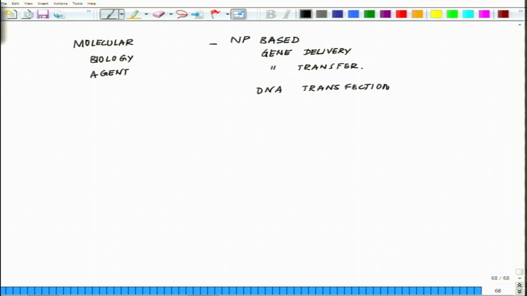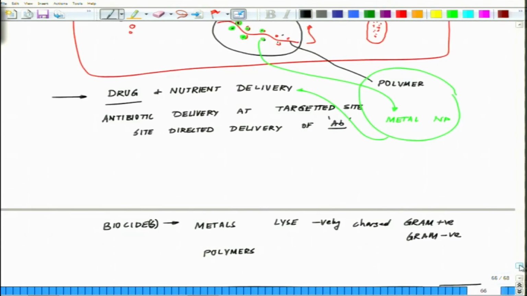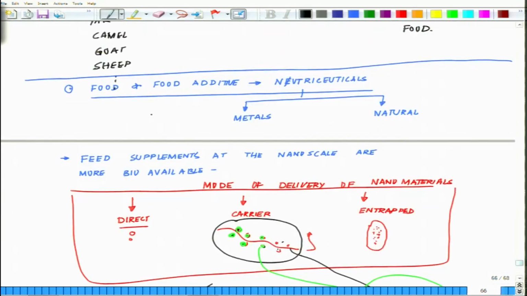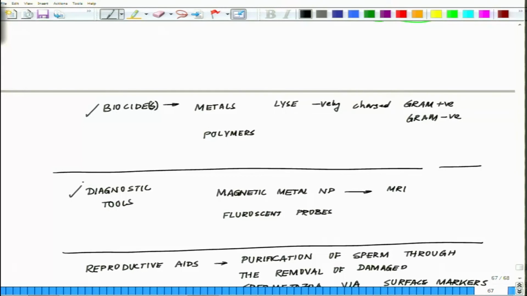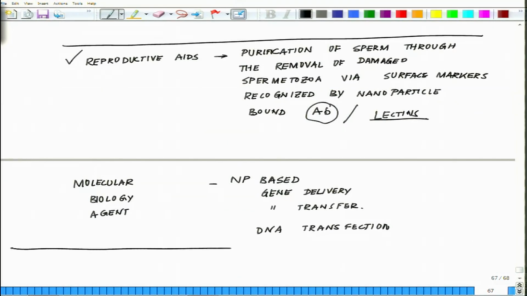So if you look at it now, if I had to summarize the areas, starting from drug to nutrient delivery to nutraceuticals, biocides, diagnostic tools, reproductive aids and molecular biology agent.